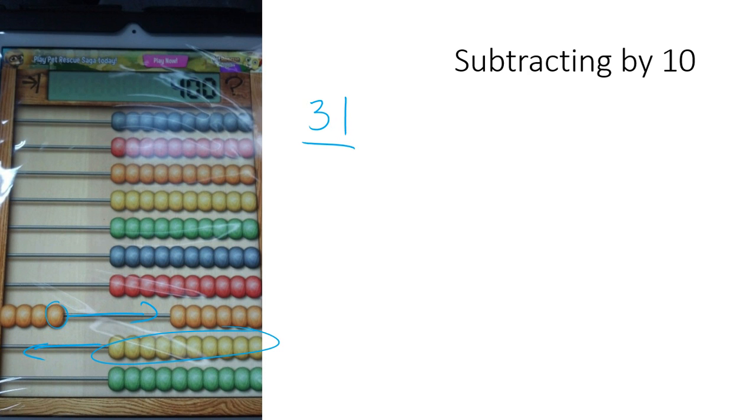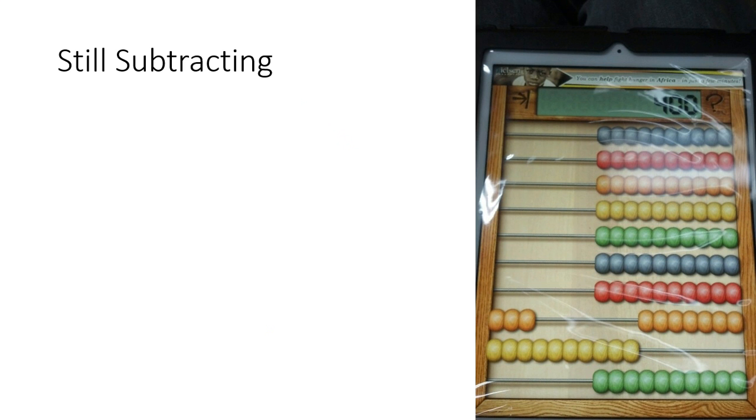When you slide one from a higher row back to the right, you've got to move all of them from the row below back to the left. So here we would move the orange one over, and then we'd move all 10 of these back to the other side. All right, it looks something like that.